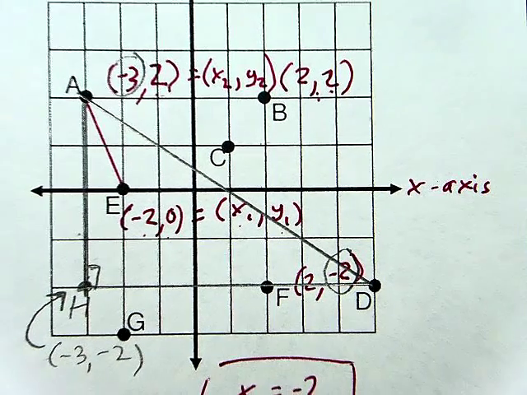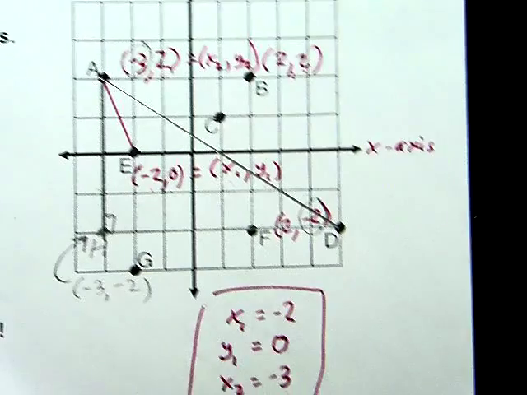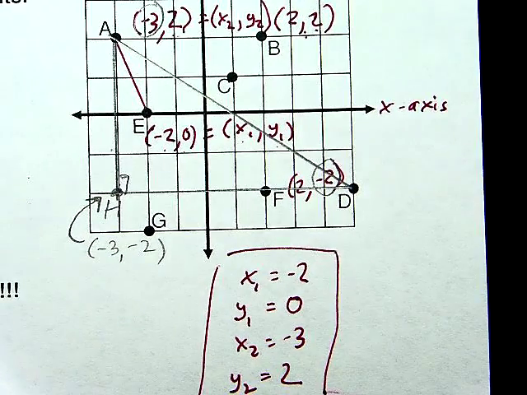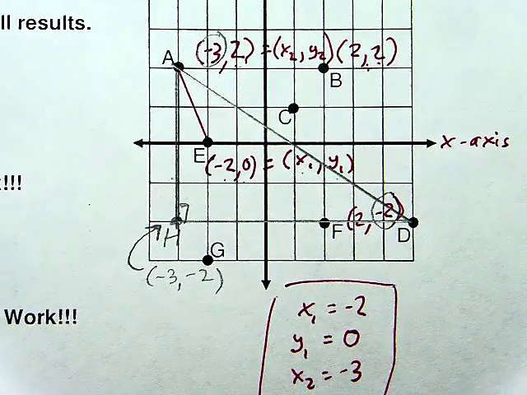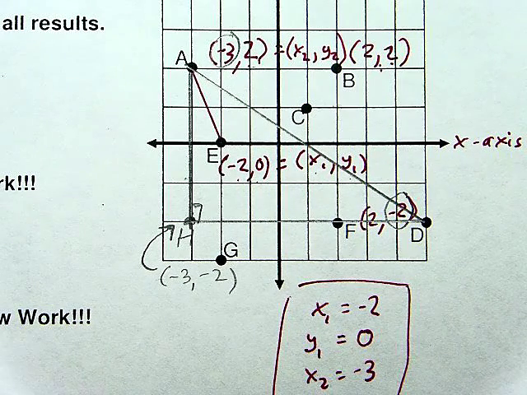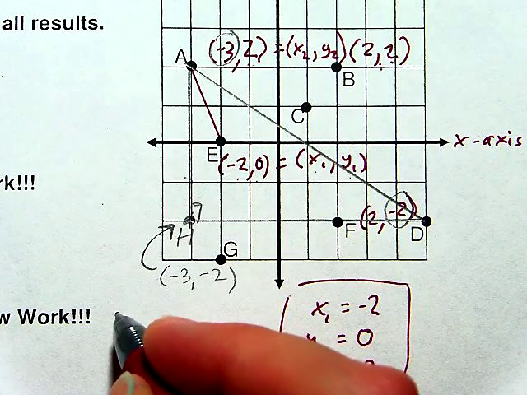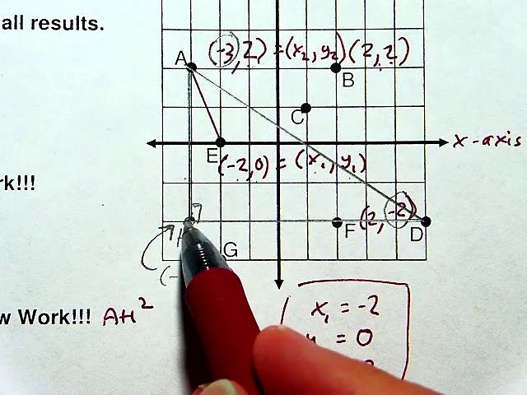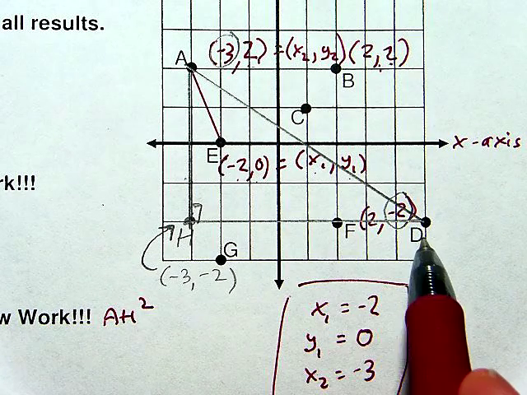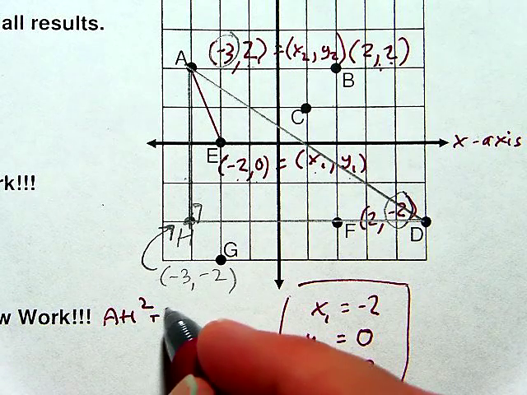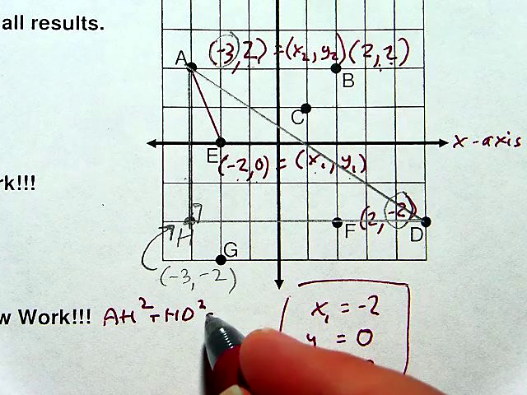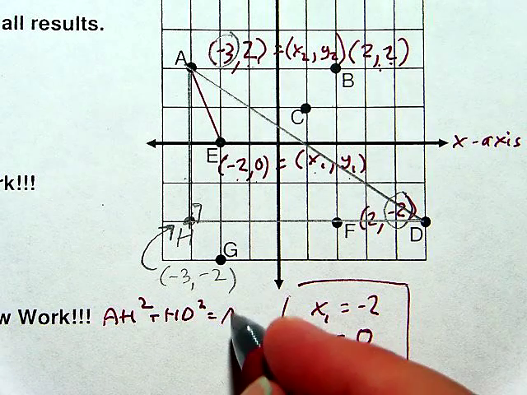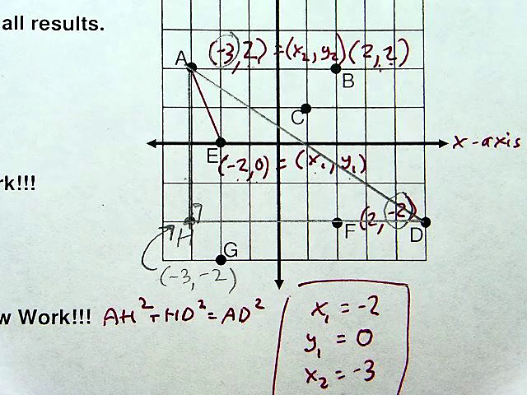So let me zoom out a bit, and let's write our formula here. We know that we've got AH squared, which is the length of this side, plus HD squared has got to equal AD squared, which is the hypotenuse of the right triangle.